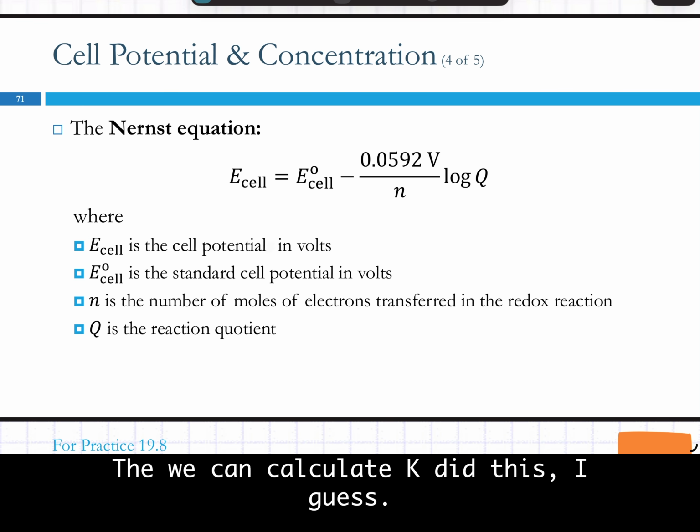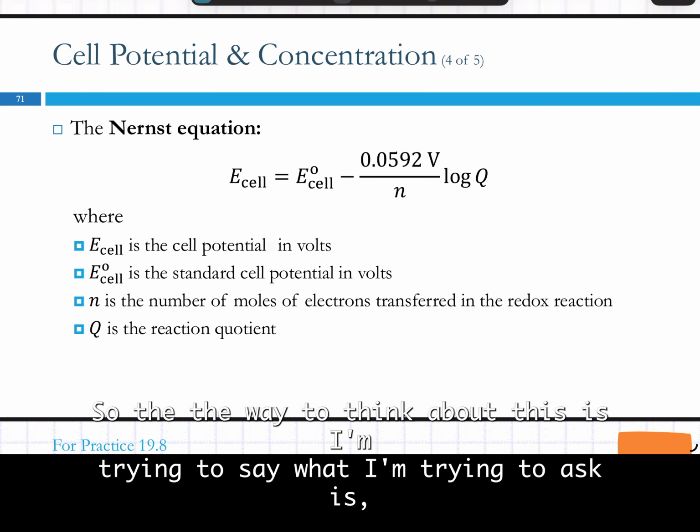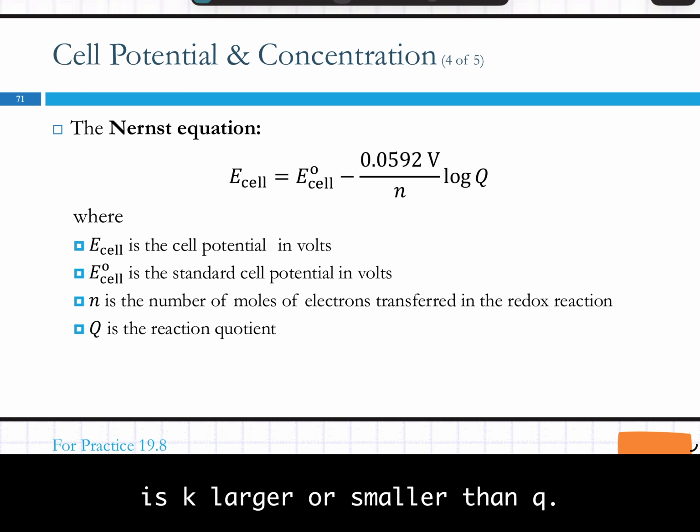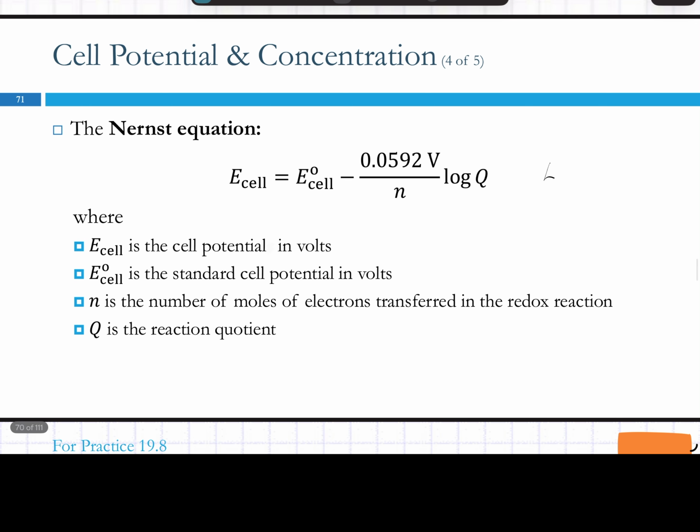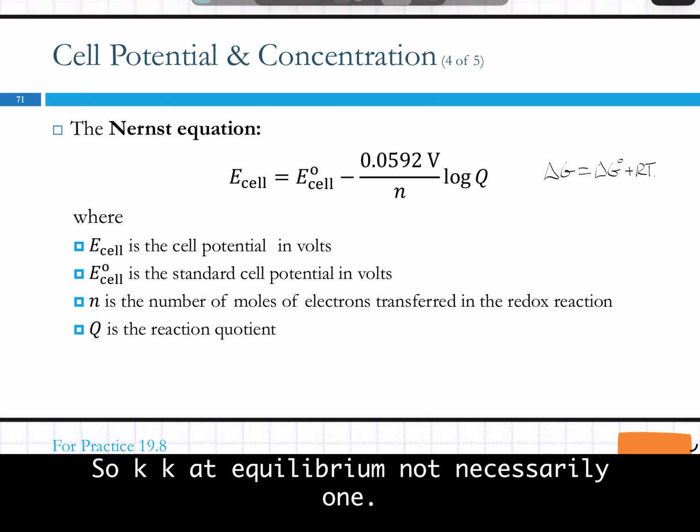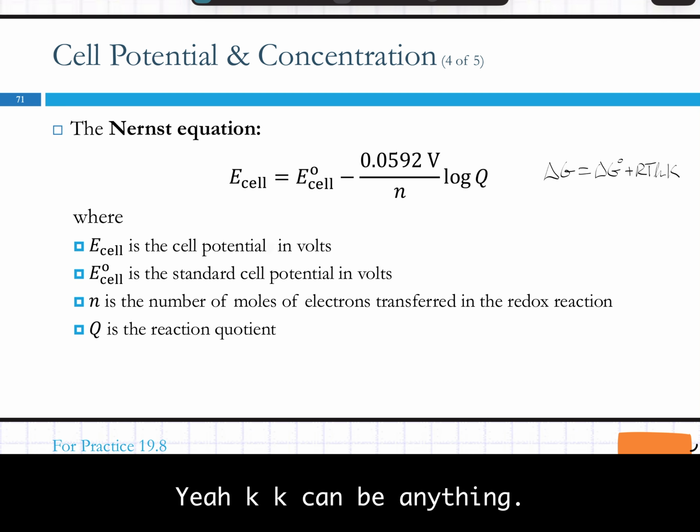So the way to think about this is what I'm trying to ask is, is K larger or smaller than Q? Why do you say smaller? So K at equilibrium, not necessarily 1. Yeah, K can be anything, actually. It's usually not 1.